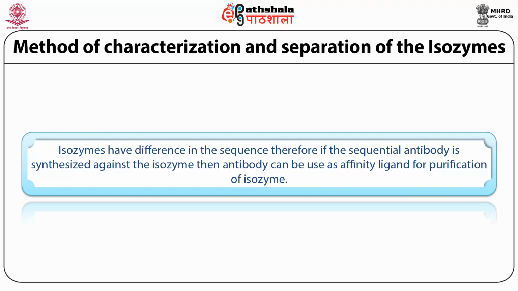So, you can characterize isozymes using structure-based methods like CD, fluorescence, infrared spectroscopy and NMR. You can partially purify isozymes by electrophoresis, or you can purify them by affinity purification, which is based on sequence-specific antibodies designed against isozymes.